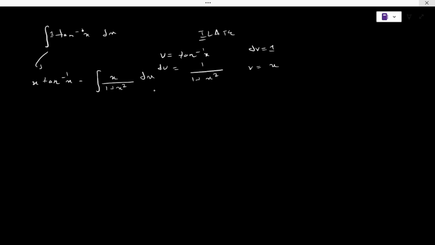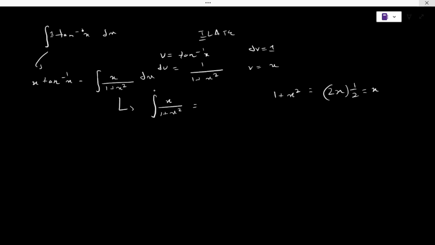Okay, so we know if you try to integrate this thing, the integral of x upon 1 plus x squared, we note that the upper part is the differential of the lower part if we multiply it by half. What do I mean by this? If we differentiate 1 plus x squared, we get 2x, and if we divide it by 2, we get x, which is the numerator of this fraction.